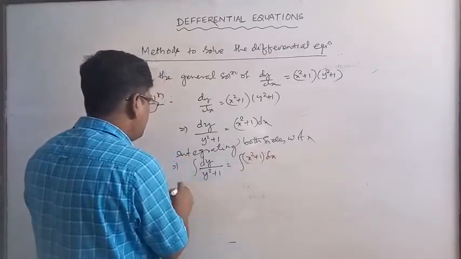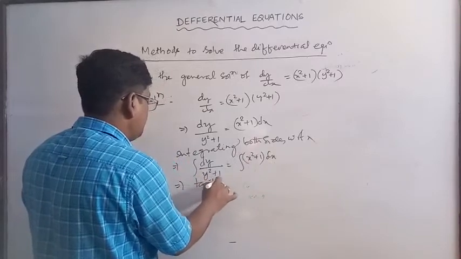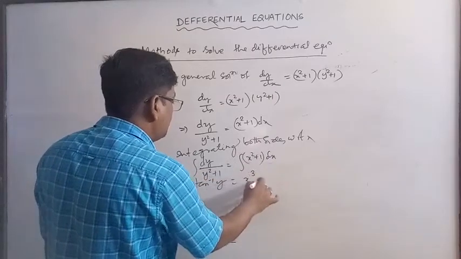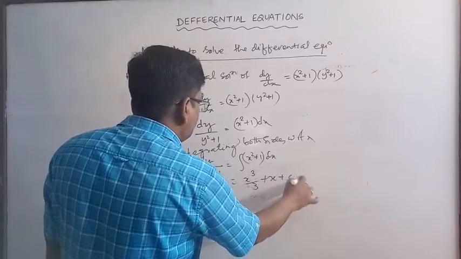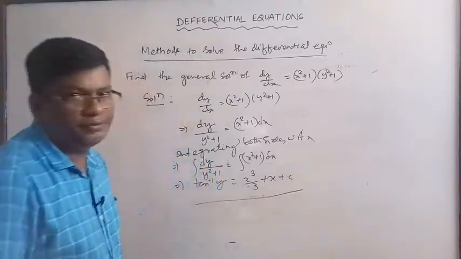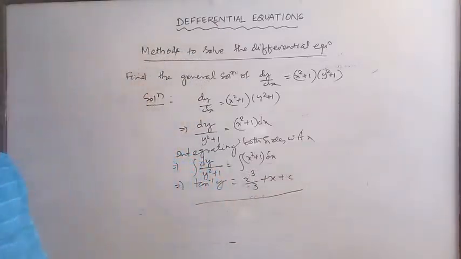So this is tan inverse y is equal to x cube by 3 plus x plus c. This is the answer.